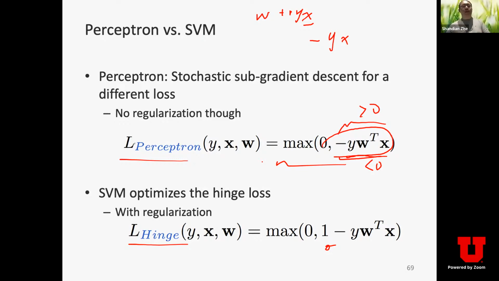From this, we can also see that because the perceptron's objective function doesn't have any regularizer, it only cares about the performance on the training objective, which is actually not very good. Because the generalization error bound is determined not only by the training error, but also by an additional term, determined by the VC dimension, the number of training examples, and other factors. And the perceptron doesn't account for that at all.